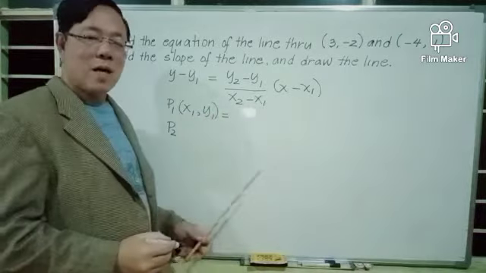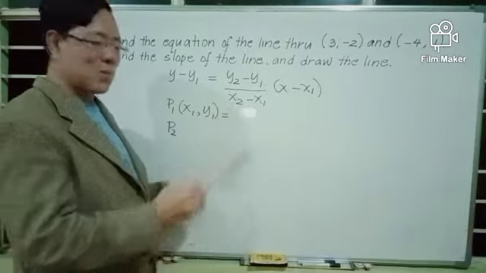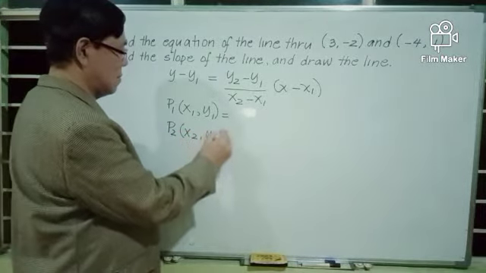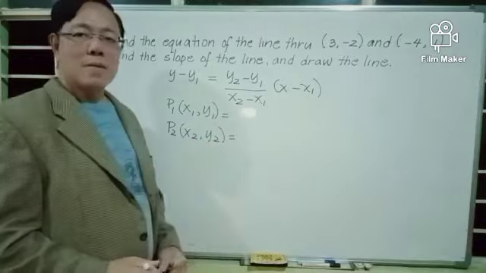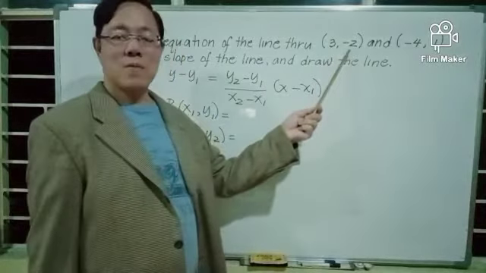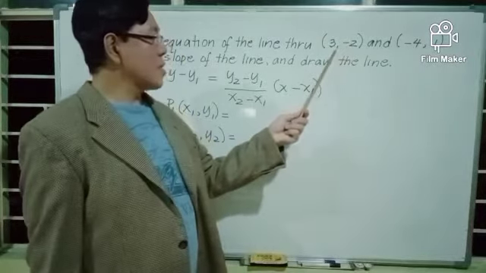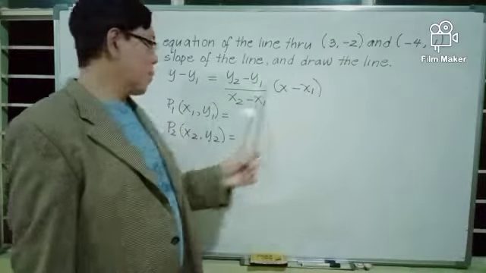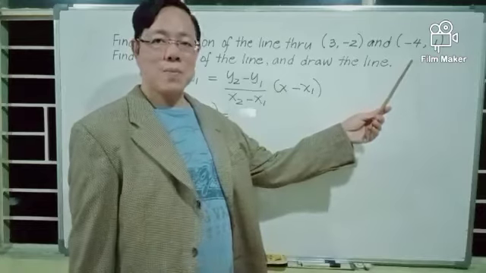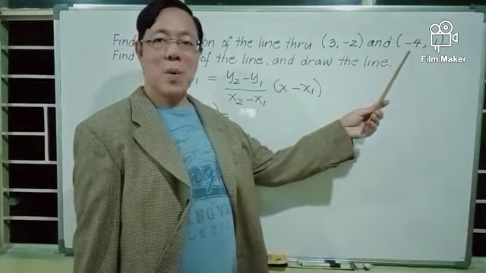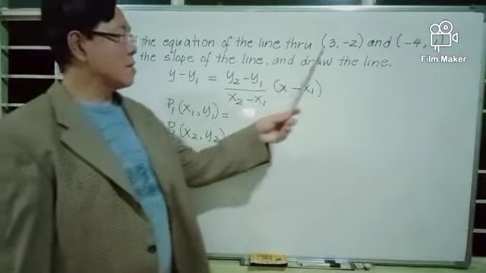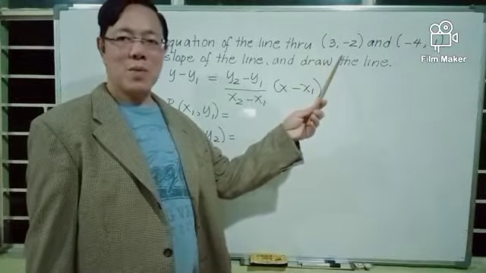And the second point has coordinates x2, y2. You can take any of the 2 points as your point P1. If you take this point as the point P1, then this will be your point P2. But you can also take this point as your first point P1, and this will be your point P2.